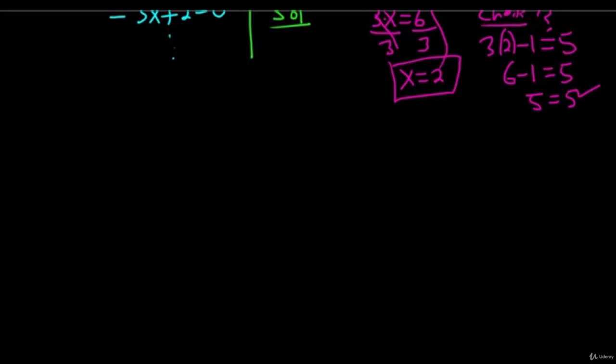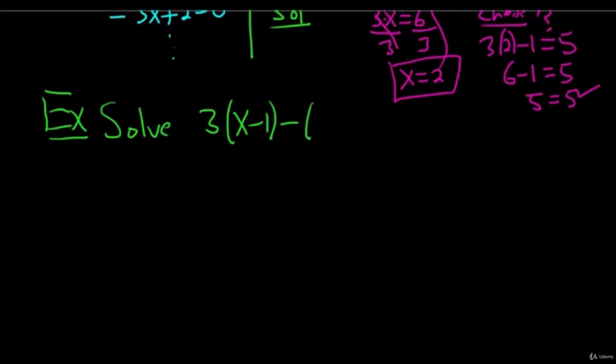Let's try another one. Let's try a harder one. Say solve 3 parentheses x minus 1, minus parentheses x plus 2, equals 2x. So really raising the bar here on this next example. So solution. So you see that we're looking for x, and x is trapped inside these parentheses. So we'll start by distributing.